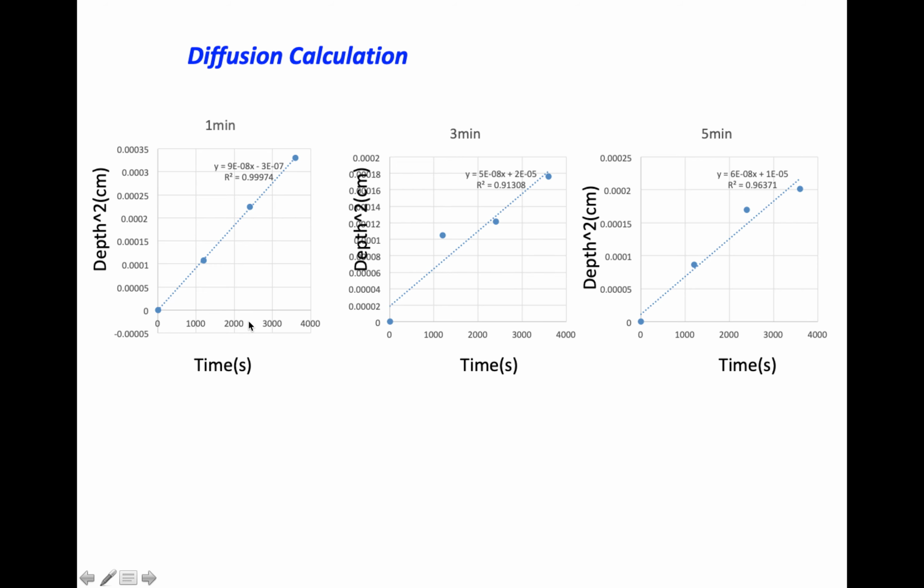So for the 1 minute, I get the result is around 9 times 10 to the power of 8 for the diffusion coefficient. And as you can see, at 5 minutes, the diffusion coefficient is less than the 1 minute. So that means at the 5 minutes exposure time, the nanoparticle transports slower than at 3 minutes and 1 minute.